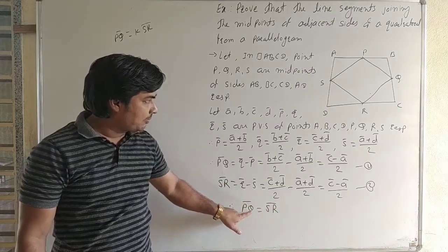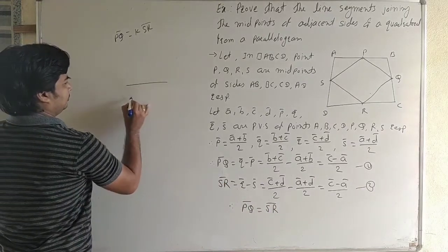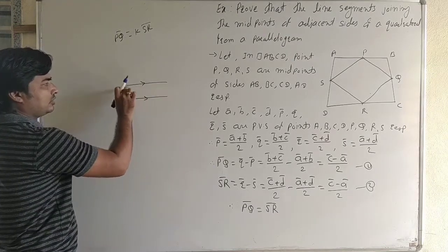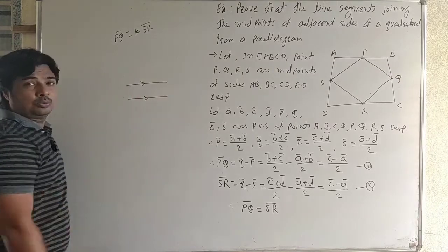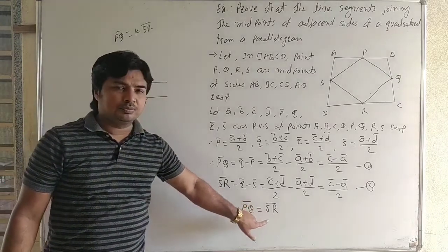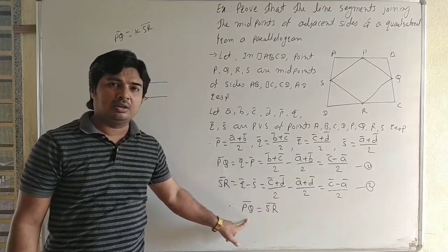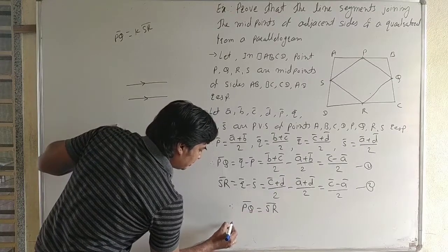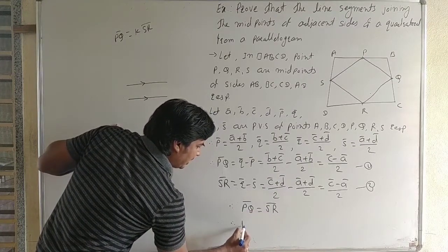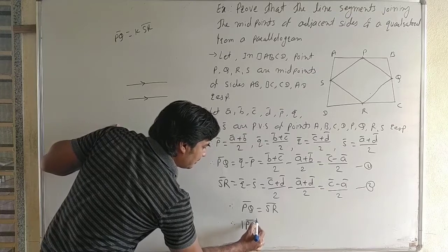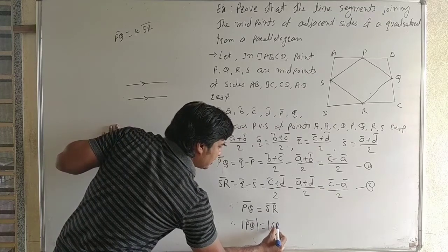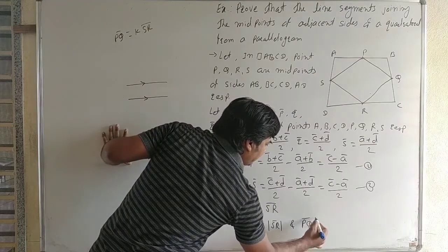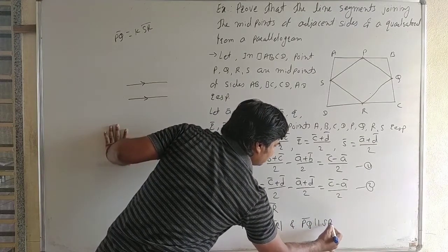Therefore the two vectors are equal and parallel. Here one vector is a scalar multiple of the other, therefore we can write the magnitude of vector PQ is equal to the magnitude of vector SR, and PQ is parallel to SR.